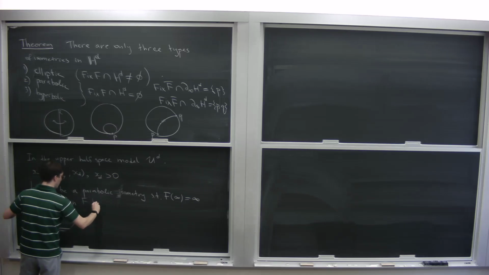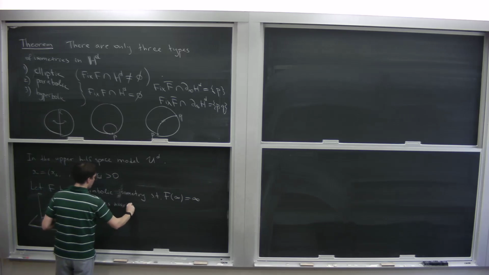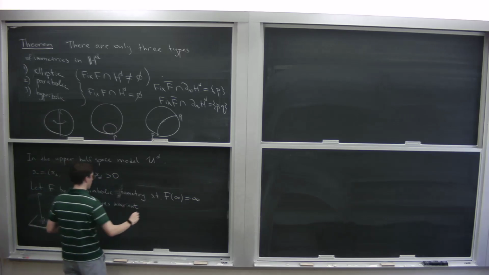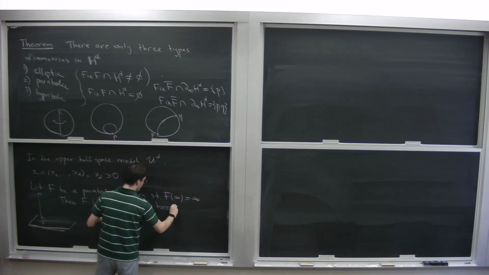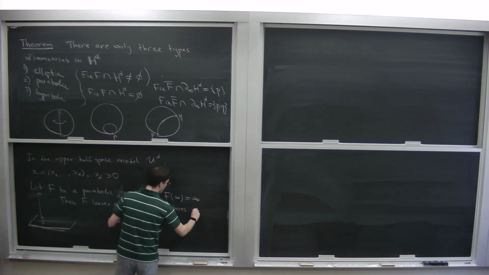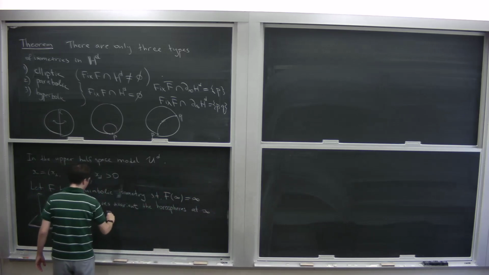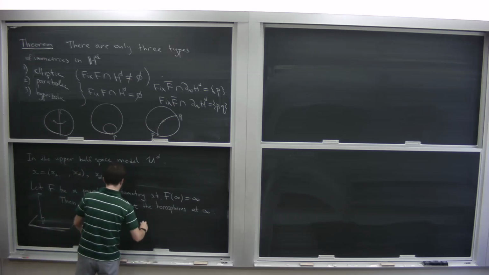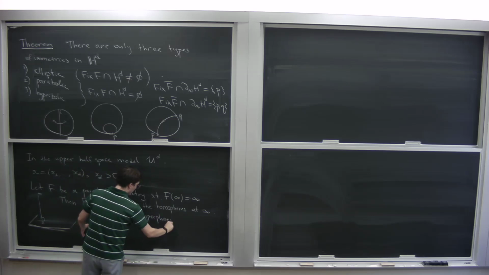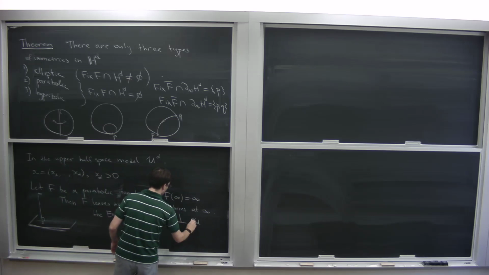Then f leaves invariant the horospheres centered at infinity, which are the Euclidean hyperplanes orthogonal to the axis xd.